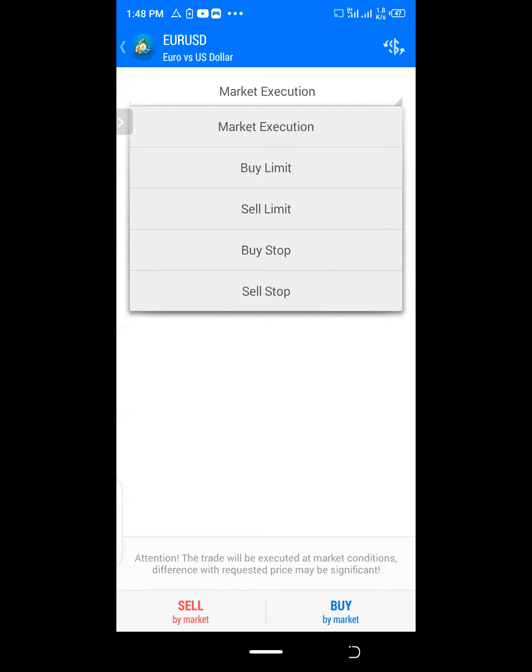The price of that particular currency pair has not gotten to that rate, but you want to buy there. So you are giving an instruction that is going to get executed in future. All right. So we now have 4 types of pending order. We have the buy limit, the sell limit, the buy stop, and the sell stop.